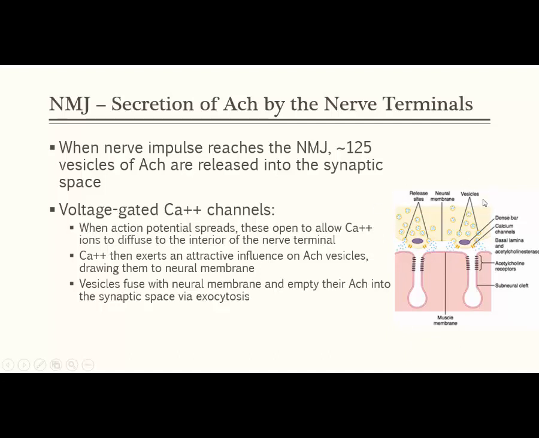So the same thing. The nerve impulse releases the vesicles. There's voltage gated calcium brought into the cell, into the axon, causing the fusion of the vesicles with the cell membrane on the terminal axon, causing the release of acetylcholine into the neuromuscular junction, where some of it makes it into these subneural clefts, which are lined with acetylcholine receptors.